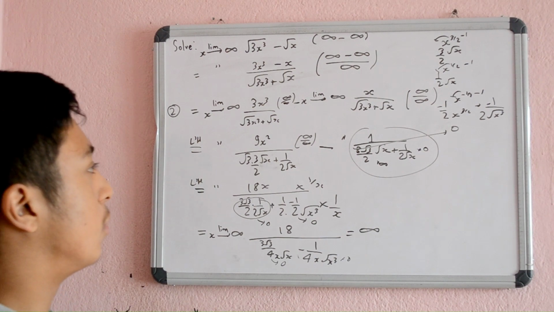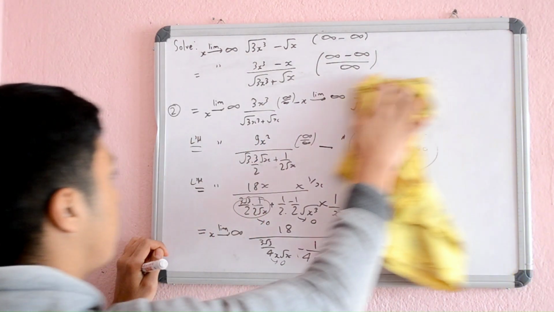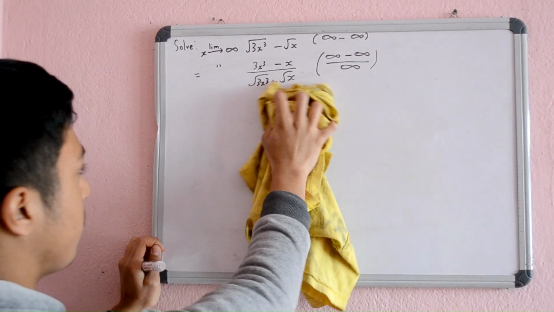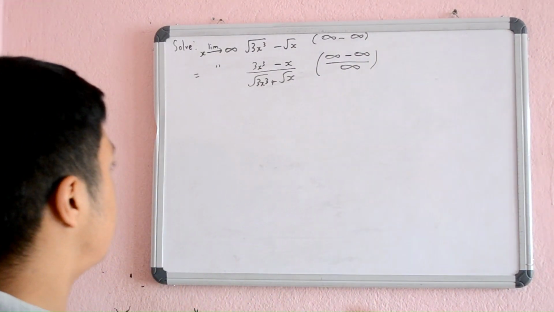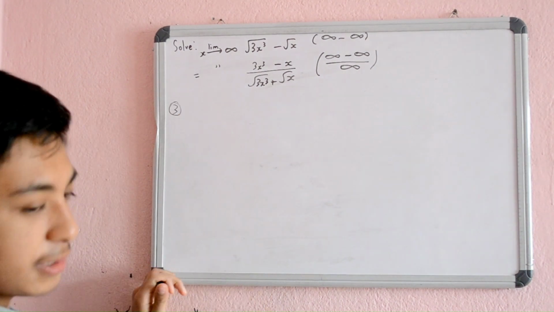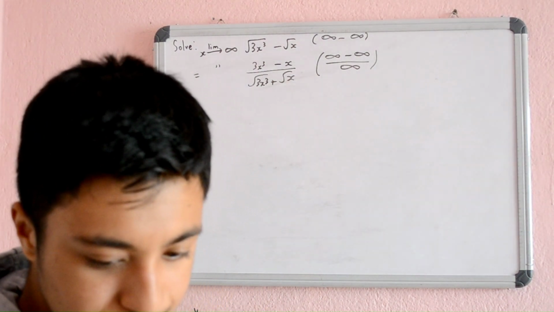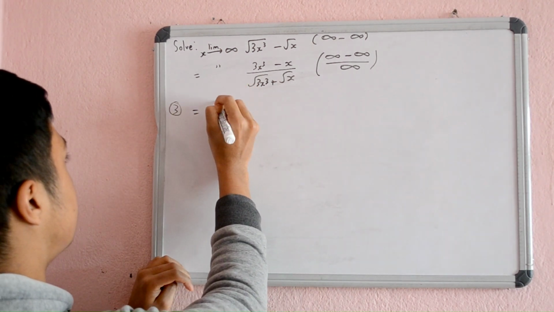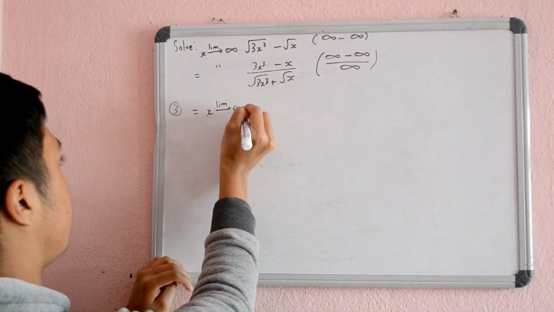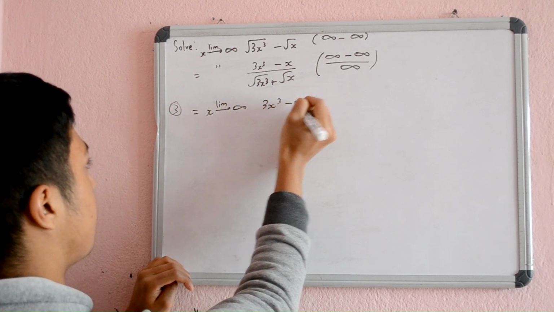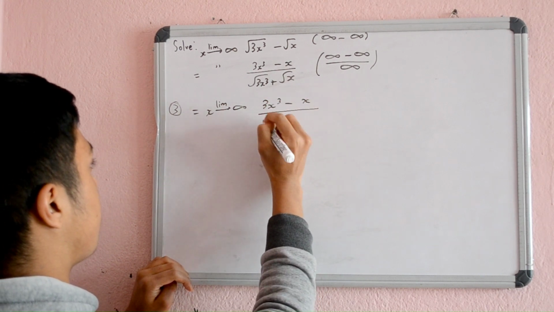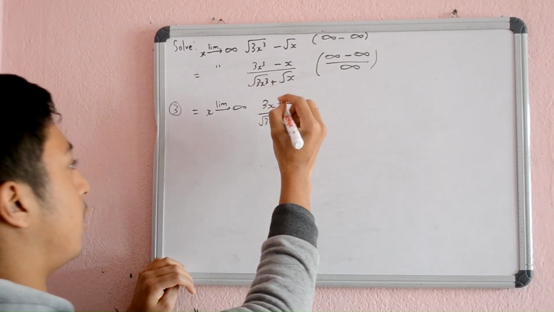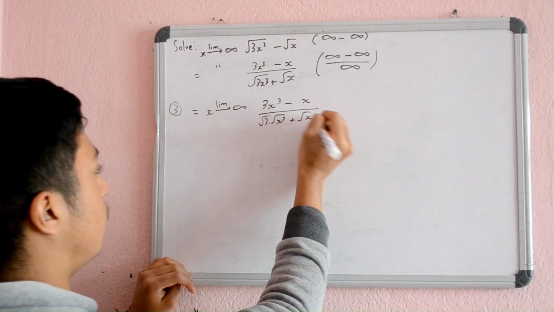And now let's begin with the third process. So for the third process, now I'll rewrite this. But I'll separate the square roots or the roots.